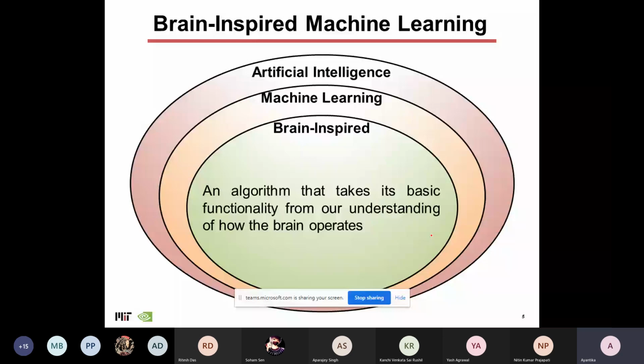That means we take algorithms that take their basic functionality from biological concepts, like how our brain operates, the neuron, synapses, similar terms we will see here. Based on those concepts, this subset of machine learning has been conceptualized.